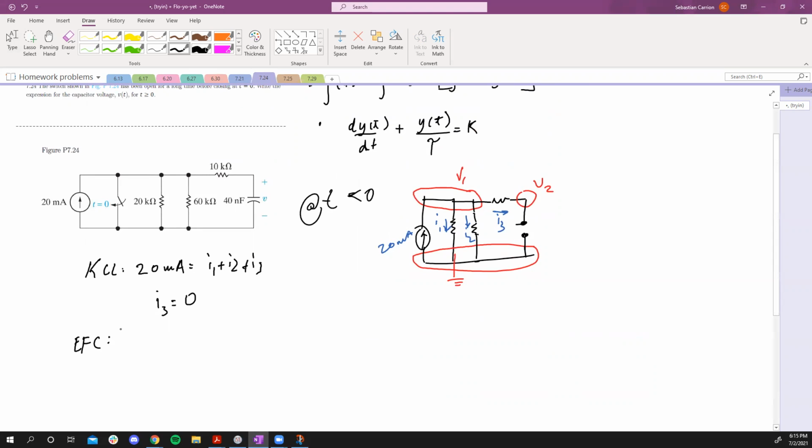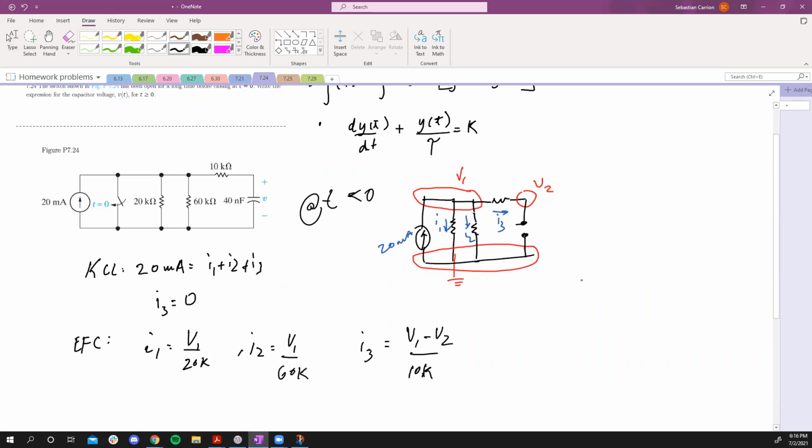Okay, so I1 is equal to V1 over 20K. I2 is equal to V1 over 60K. And then I3 is equal to V1 minus V2 over 10K.